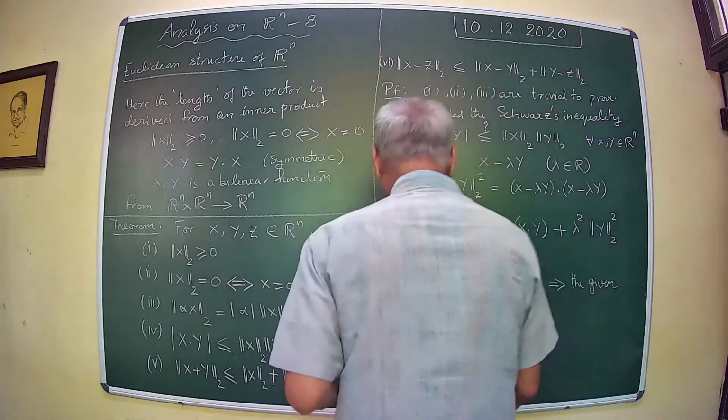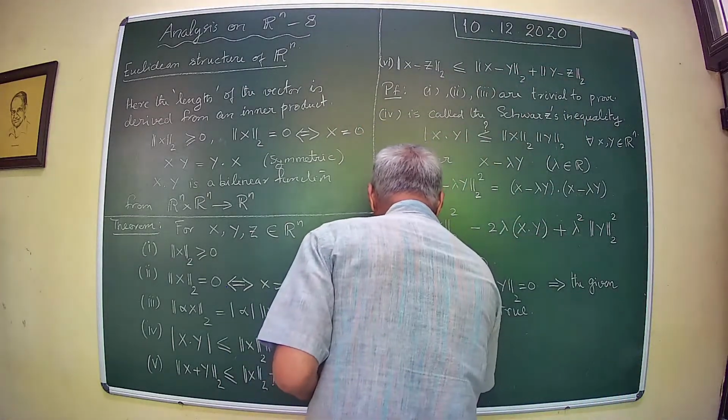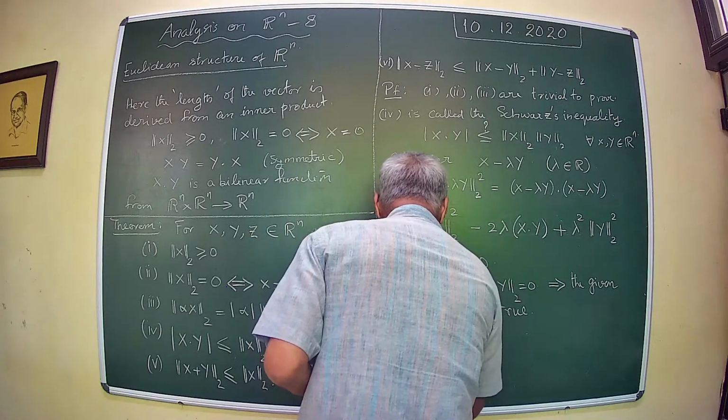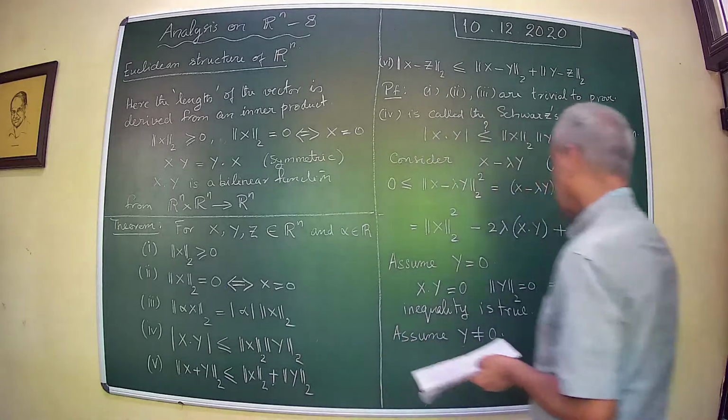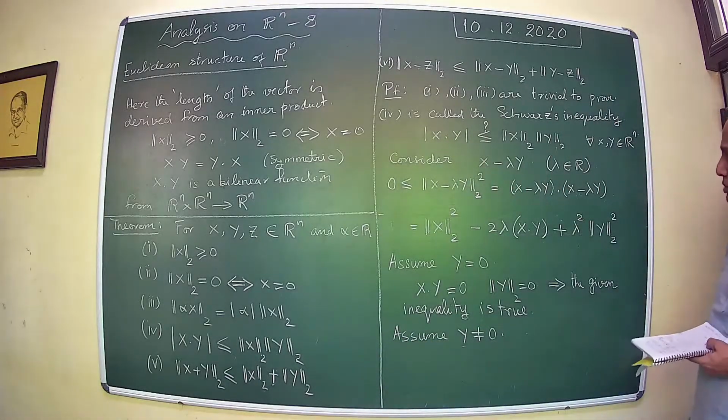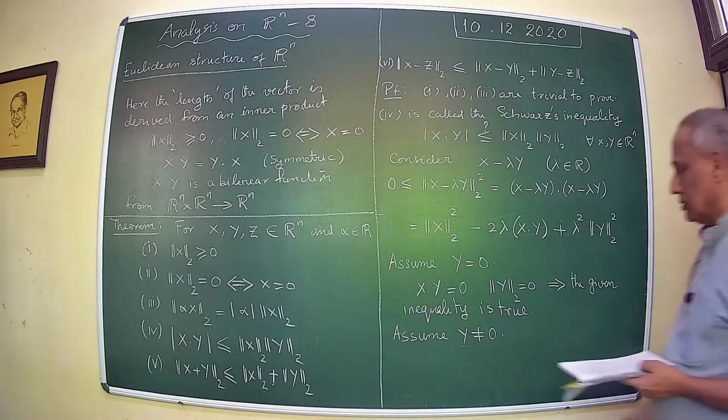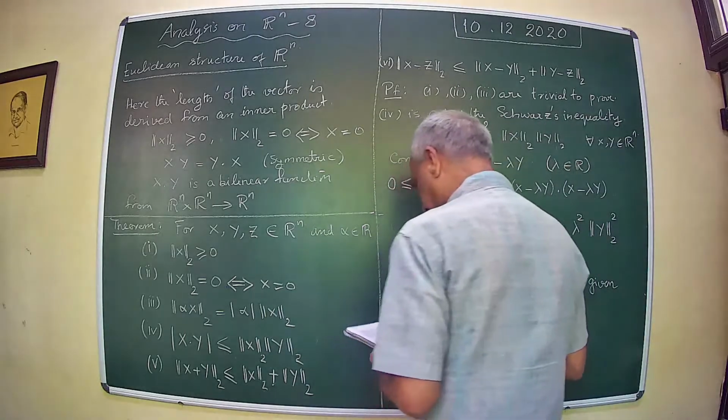Now assume y not equal to 0. If y is not equal to 0, now we take lambda in a particular way.